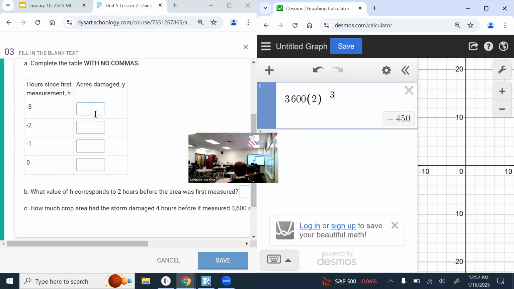So for -3, I have 450, -2, 900, -1, 1,800. You might see a pattern here, but if you have it up in the calculator, might as well just let the calculator do it. 3,600 for that one. All right. Questions on the table part?